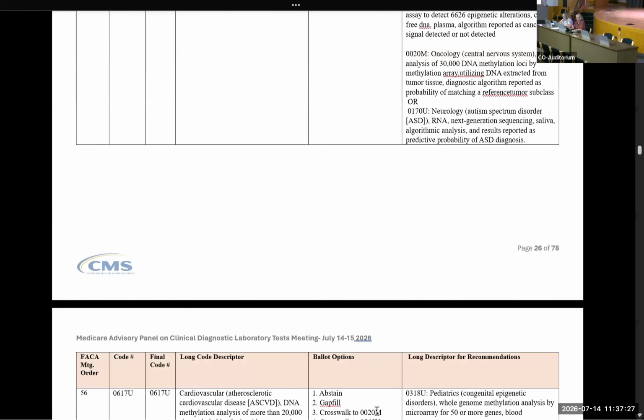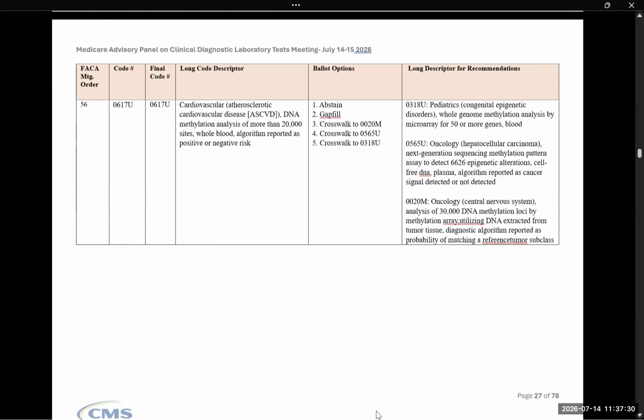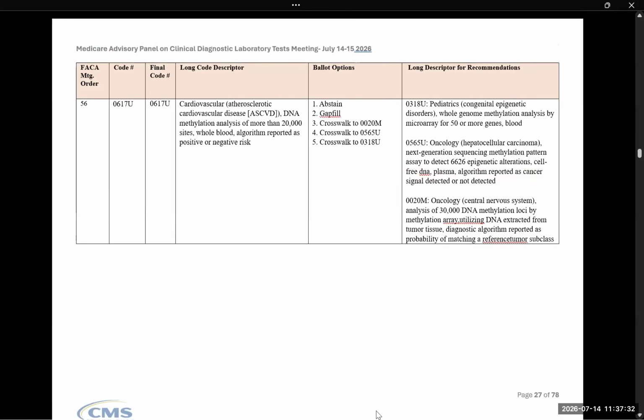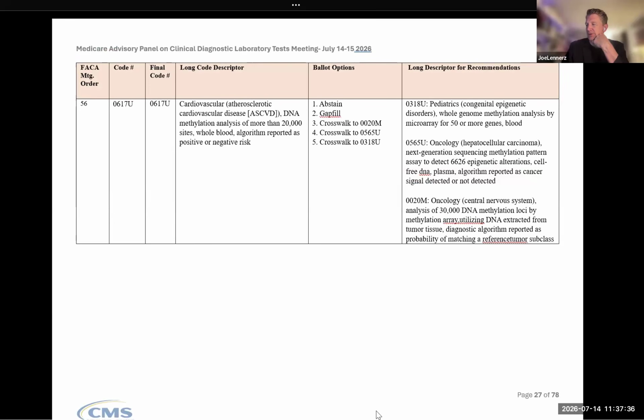All right, next up is 0617U from the same submitter. Correct. Same as presented before, with the difference that here a cardiovascular atherosclerotic risk is determined, also reported as positive or negative risk. Same recommendation by the subcommittee, crosswalk to 0565U.